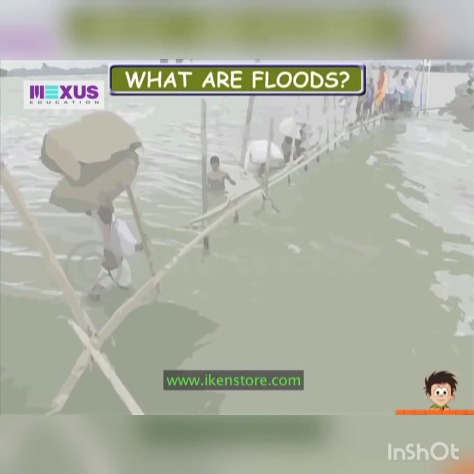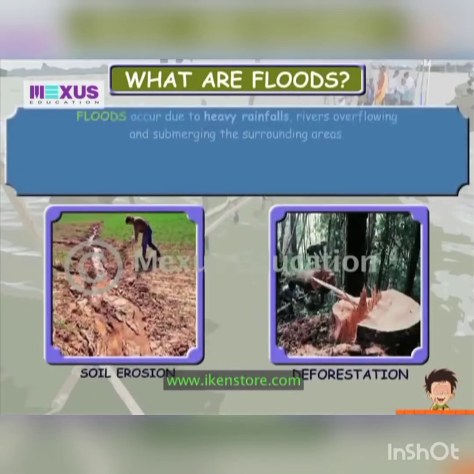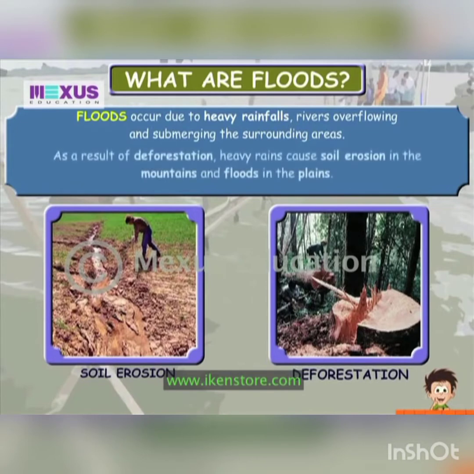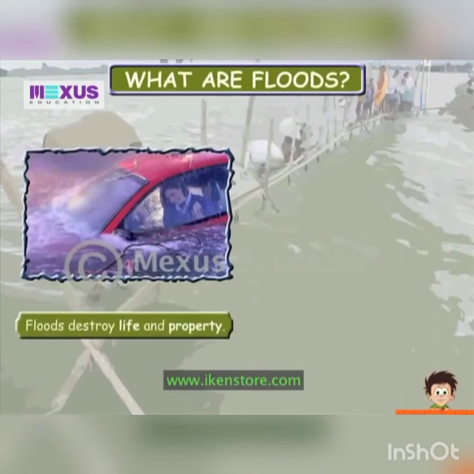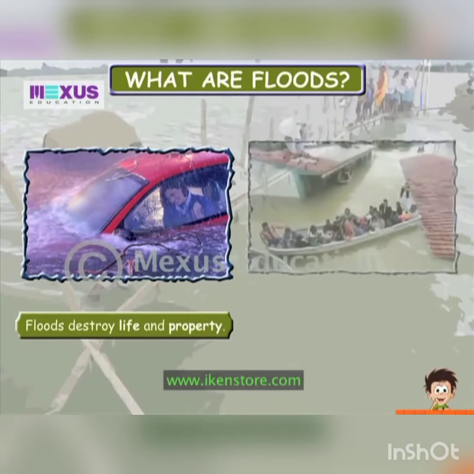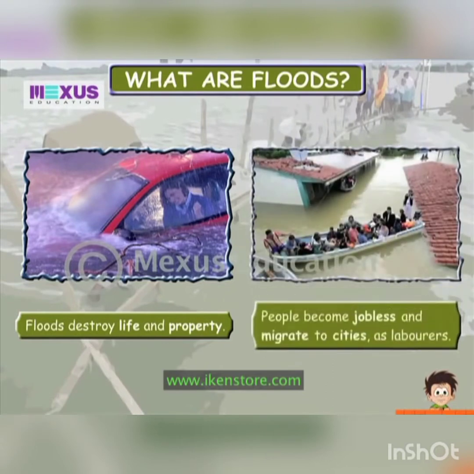What are floods? Floods occur due to heavy rainfalls, rivers overflowing, and submerging the surrounding areas. As a result of deforestation, heavy rains cause soil erosion in the mountains and floods in the plains. Floods destroy life and property. People become jobless and migrate to cities as laborers.